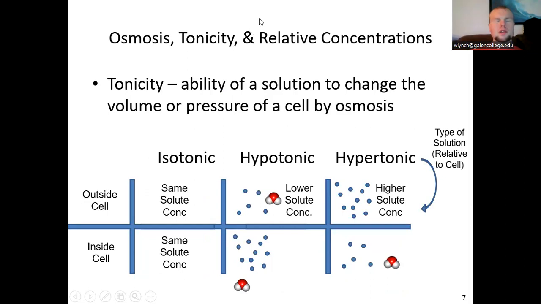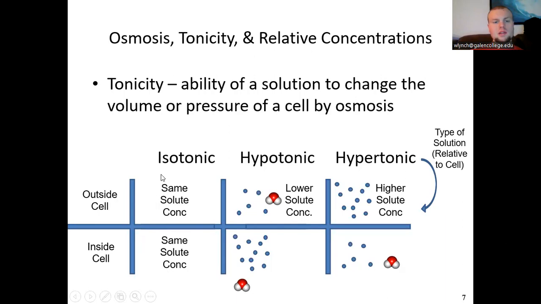Now, movement of water is going to be tightly interrelated to what we term as tonicity. Tonicity is what a solution does as far as its solute concentration to change volume and pressure. So for instance, in this first example, we have the same solute concentration on the inside and the outside of the cell.